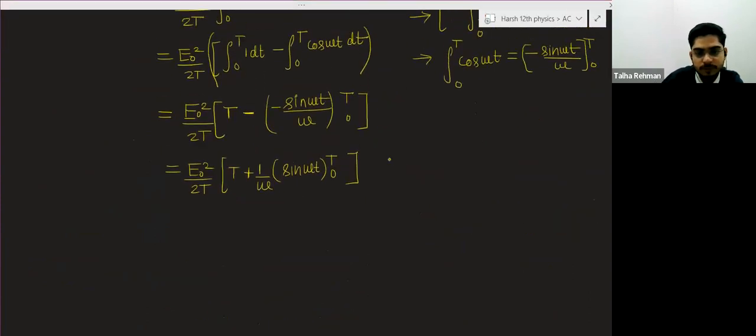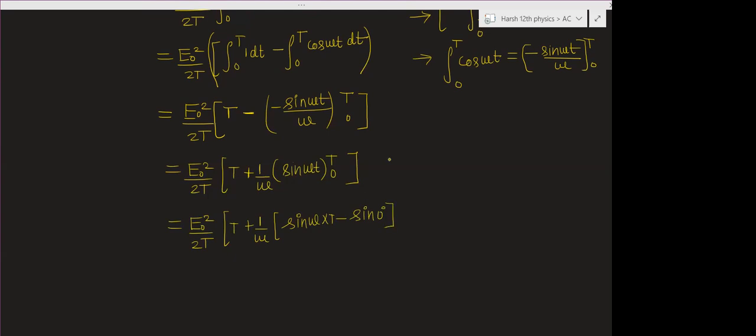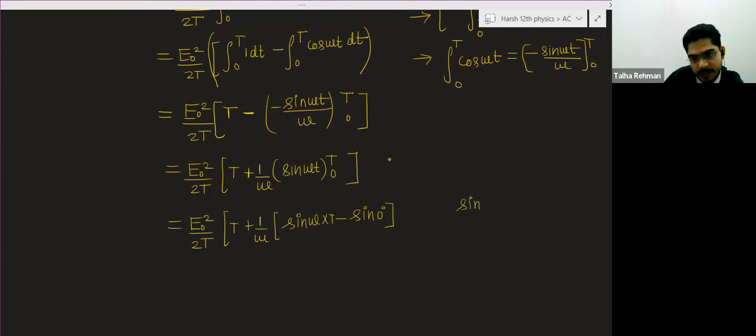Now here this is your E naught square by 2T, and this is T plus 1 by omega. When you put sine of omega, instead of t you put capital T, and the lower limit will be sine 0 degree, and sine of 0 degree is equal to 0.